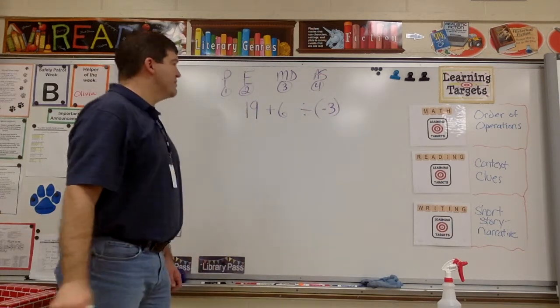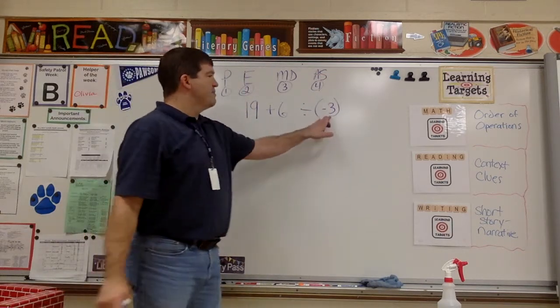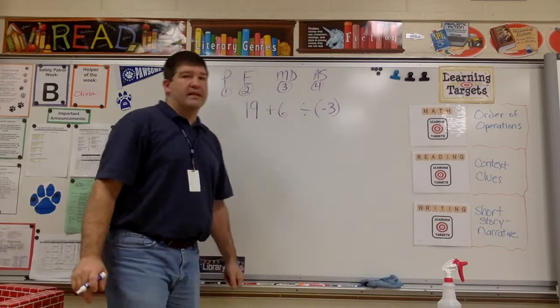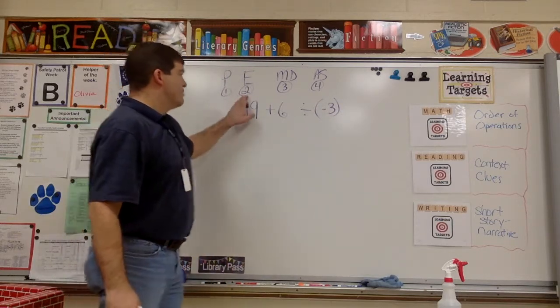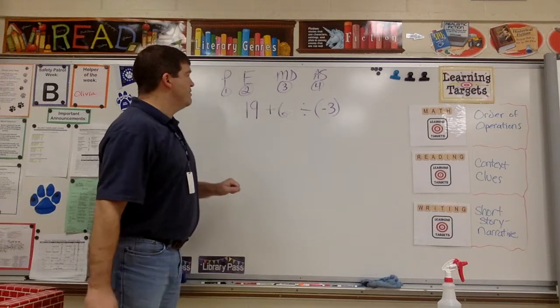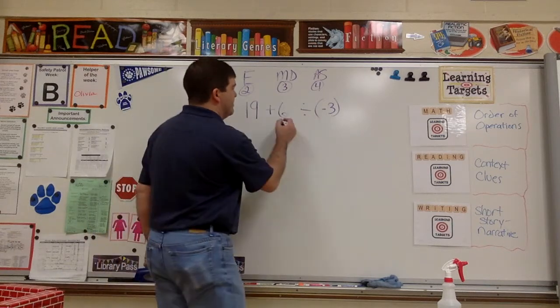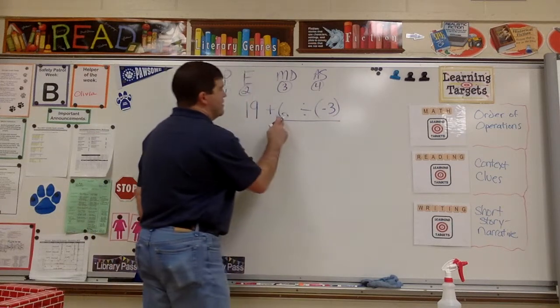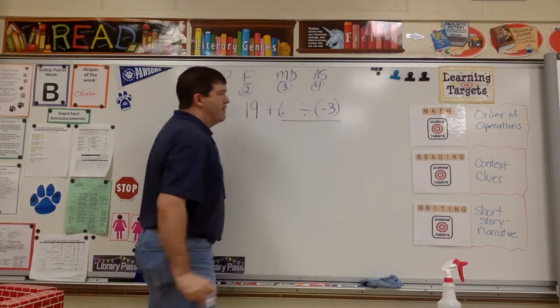Okay, those are your orders. I do see a parentheses, but that's only there to show that that's a negative number. So exponents, I don't see any. Multiplication, division, I see a division right here. So I could do 6 divided by negative 3.